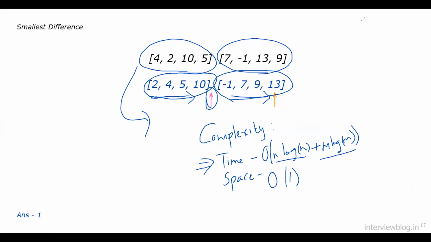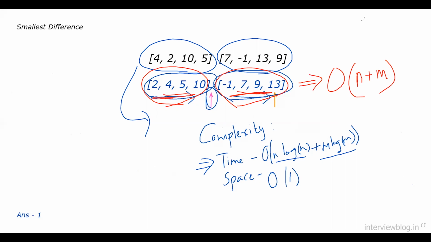In this case, we will be given these 2 arrays as our input, and our time complexity would be big O of n plus m, where n is the length of this first array and m is the length of this second array. So there is no requirement to sort the given input array, as the given input array is already in sorted fashion. So our time complexity improves from this to this.